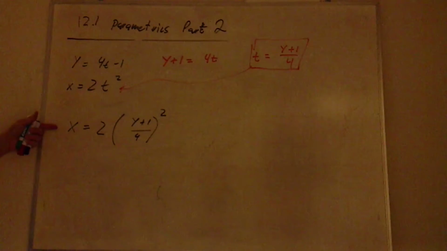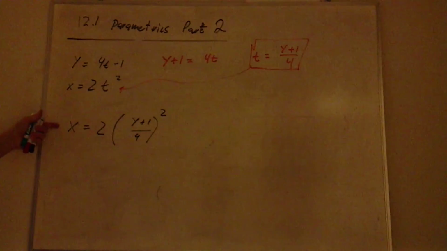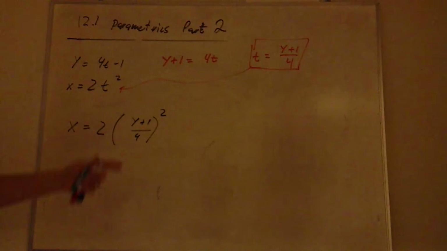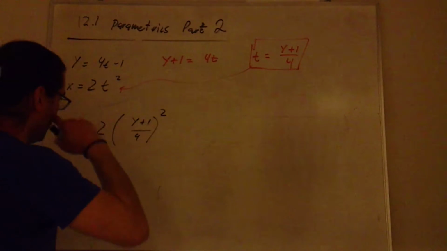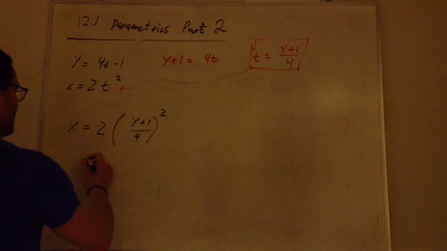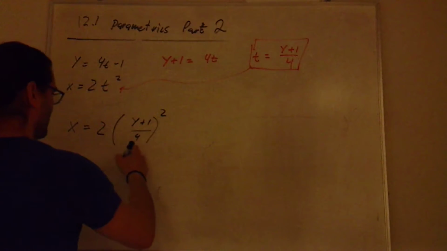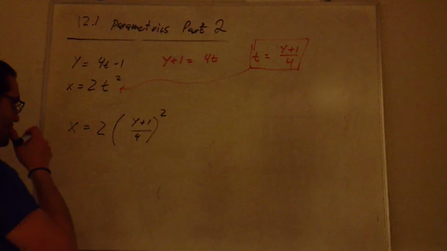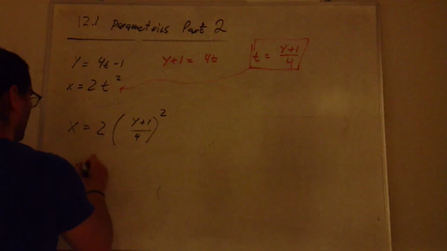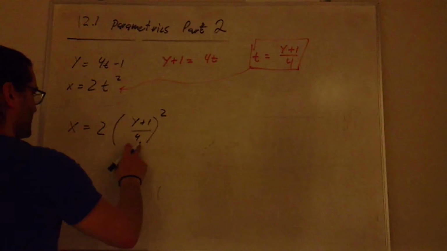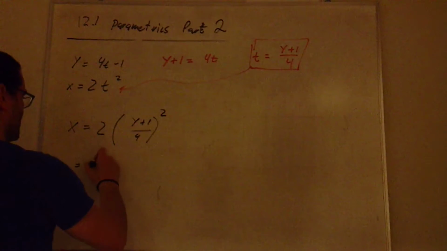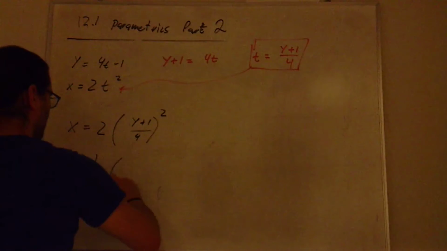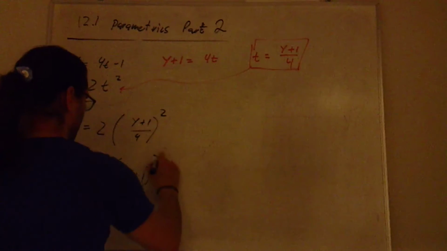So this is sort of the implicit version. There's no more t's involved. It's not simplified. I can simplify it though. First thing I'll do is square the 4 on the bottom and get rid of that so that it's not mucking up the rest of this algebra. So 4 squared would be a 16 on the bottom, so this is 2/16. I'll call that 1/8 times y plus 1 squared.